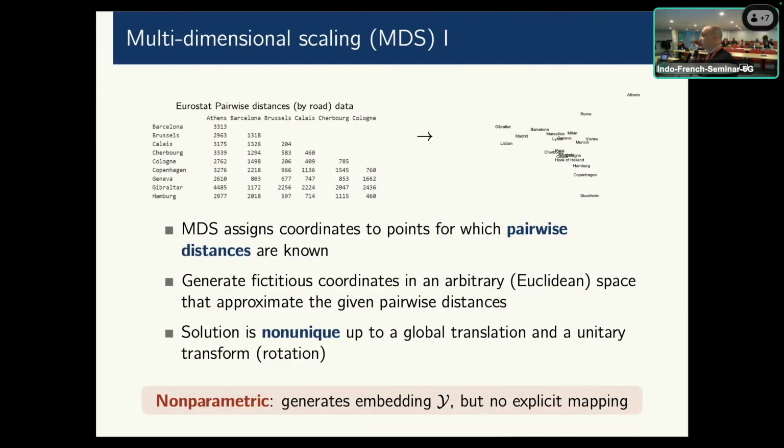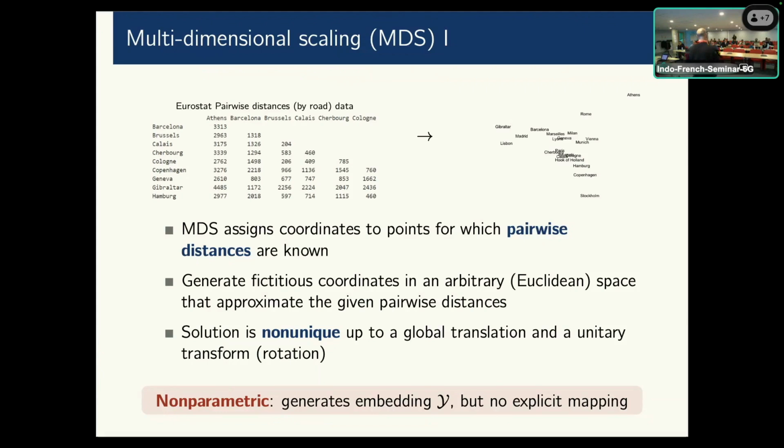Suppose that I'm given a set of distances between a bunch of cities. Here you have a list of cities in Europe, and you have the same cities on the columns of this table, and in each cell of the table is the distance by road between these pairs of cities. Suppose I am given only this. I've never been to Europe.